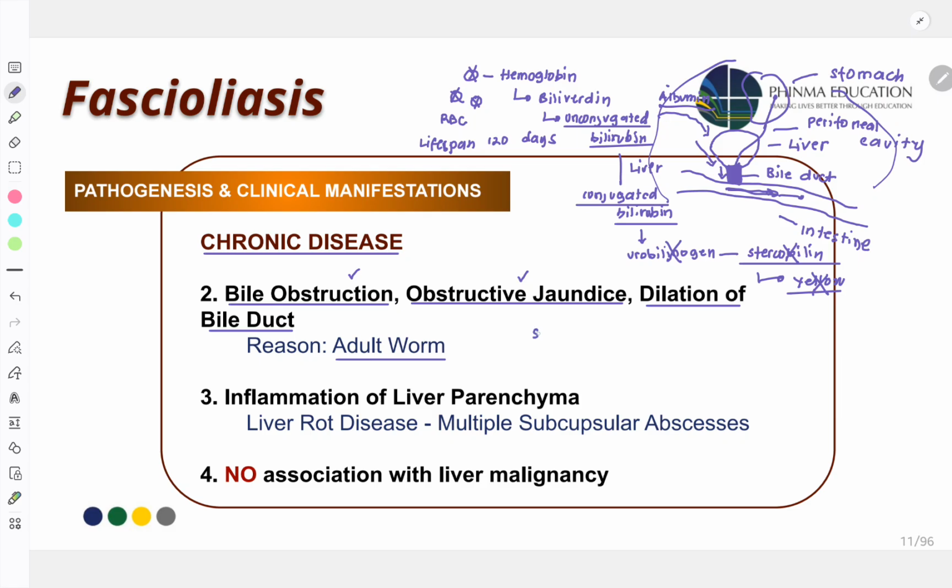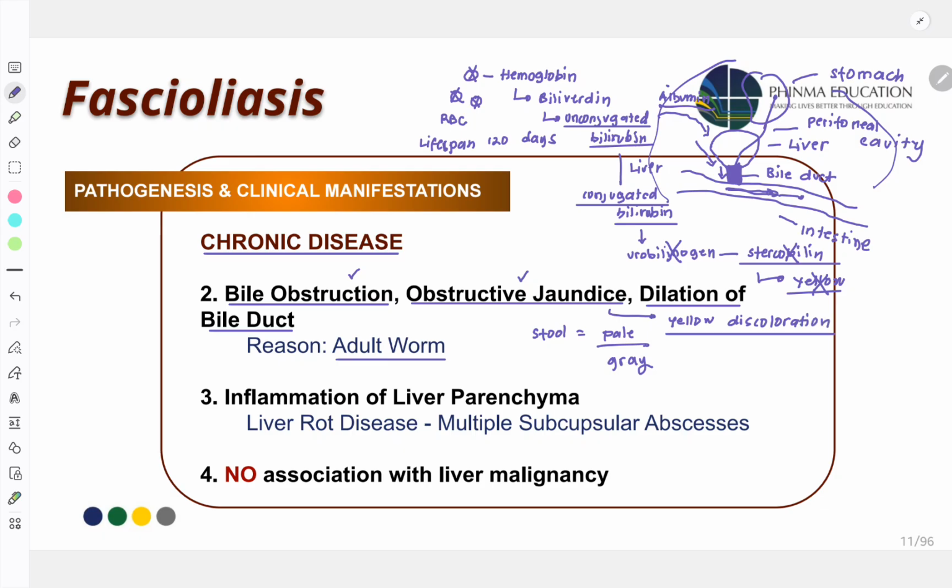So what you will see in the stool of patients with chronic fascioliasis, or patients with bile duct obstruction, is that it is pale or gray. That is your obstructive jaundice. Jaundice is the yellow discoloration of the skin of your patient.